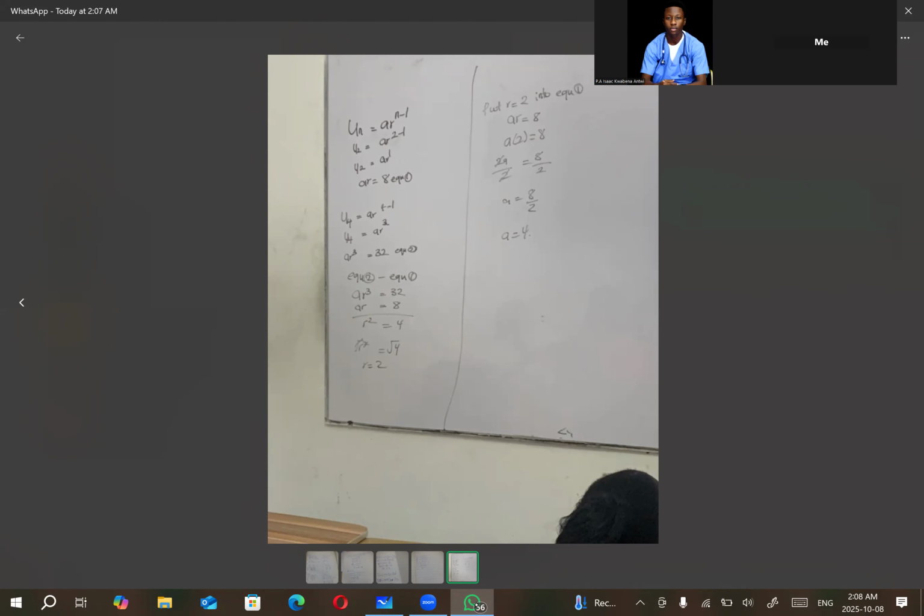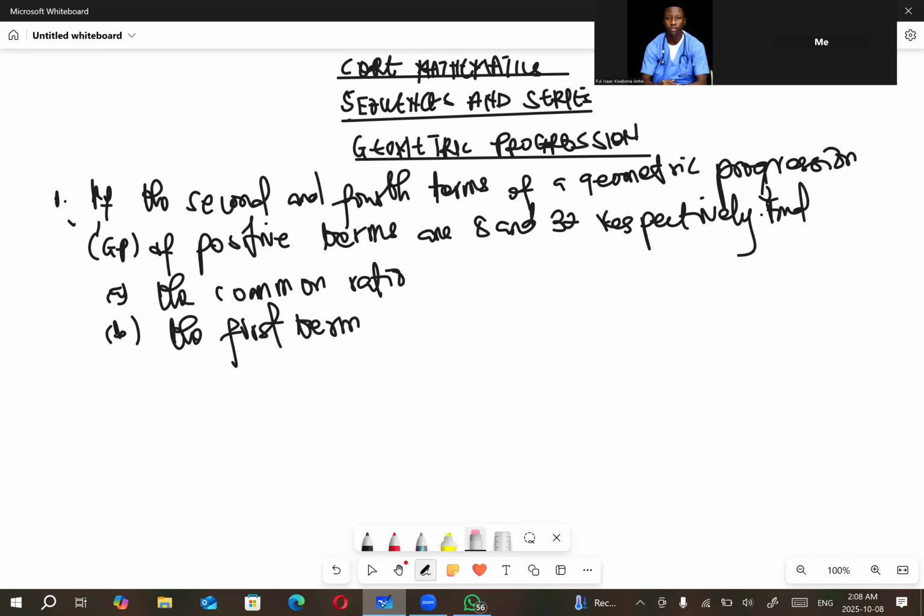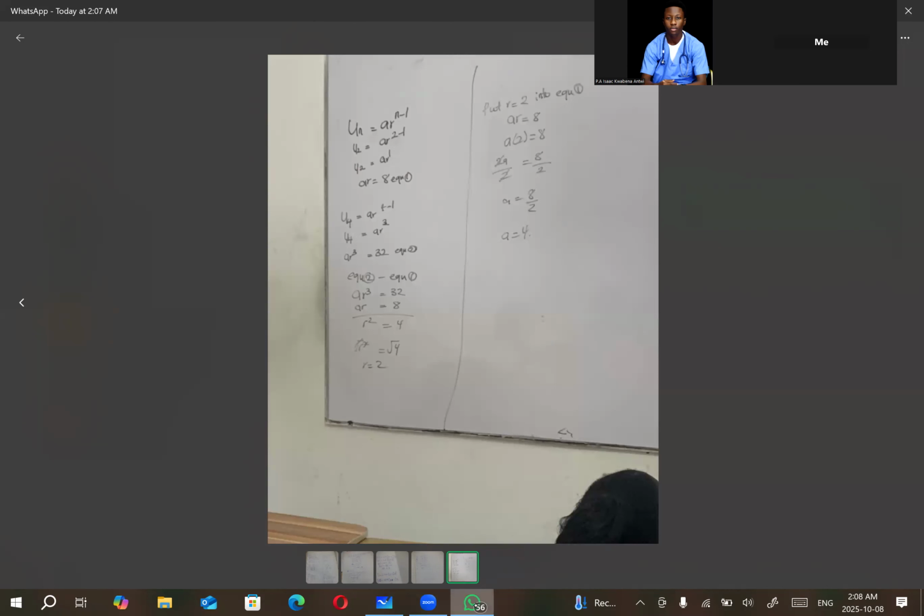So first you write a formula. To find the nth term of exponential sequences, it's AR exponent n minus 1. Now it says the second and fourth term. So the second term will be U2, that'll be AR exponent 2 minus 1.